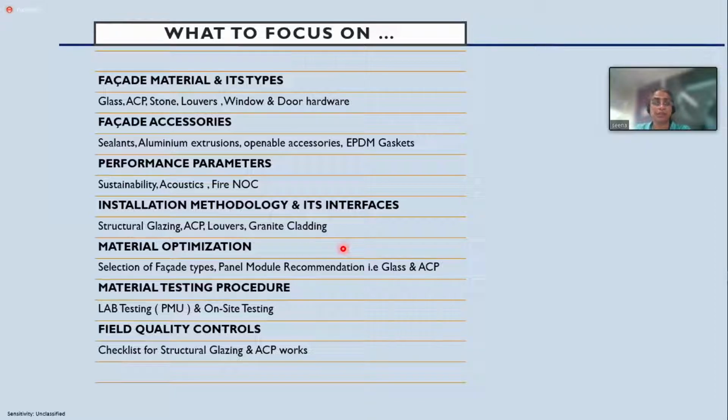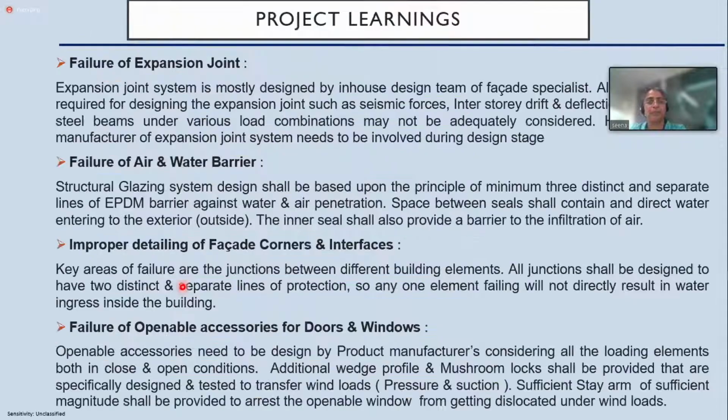What is the value addition I bring to the system? Those are the improvements that go in. Then there are testing procedures and field quality control. These are checklists: at site, what are we going to do to ensure we get the best quality system and quality controls? There are various checklists that go in. So we finished with what to focus on.